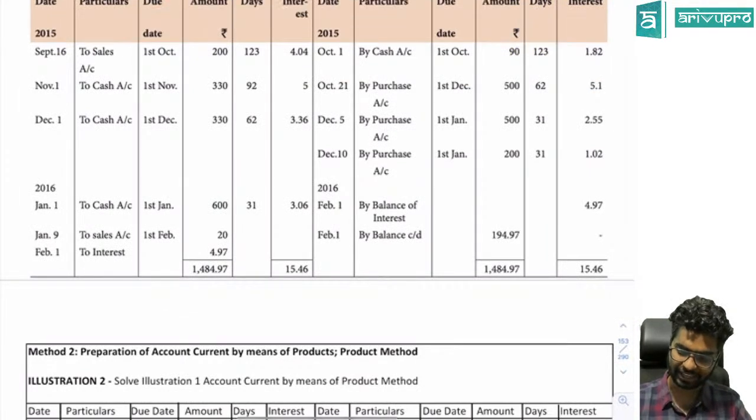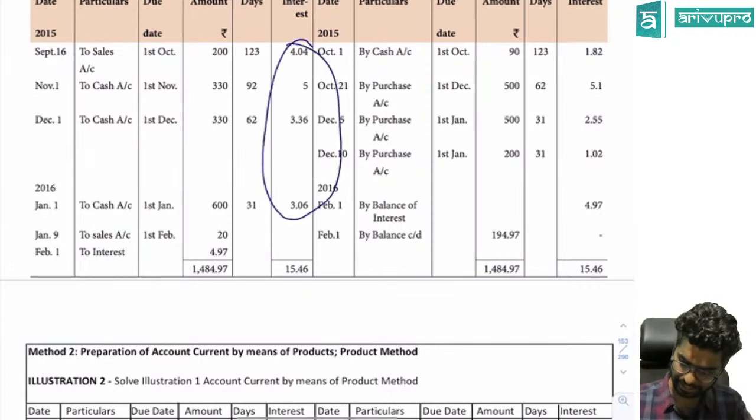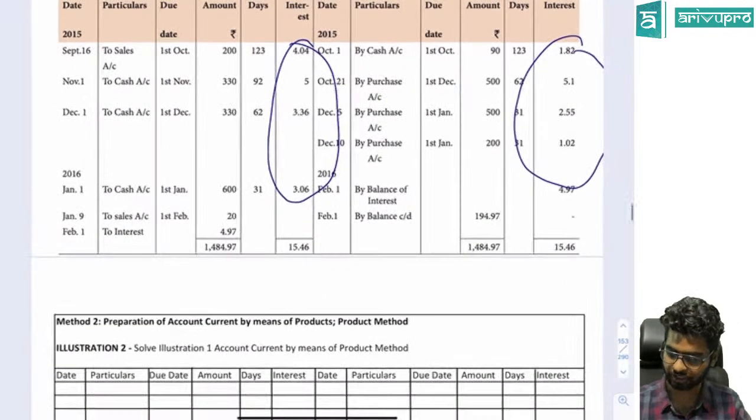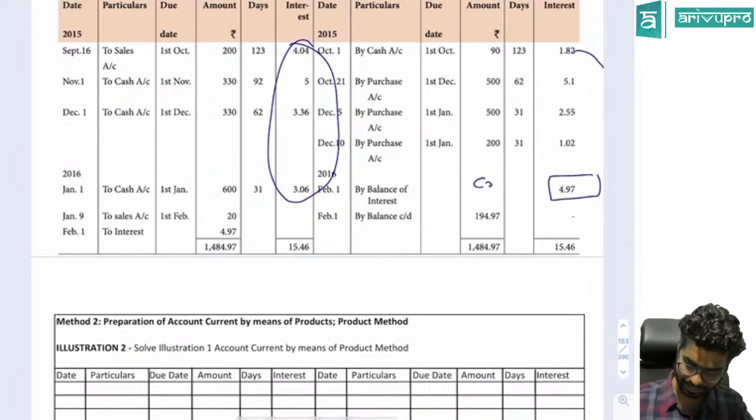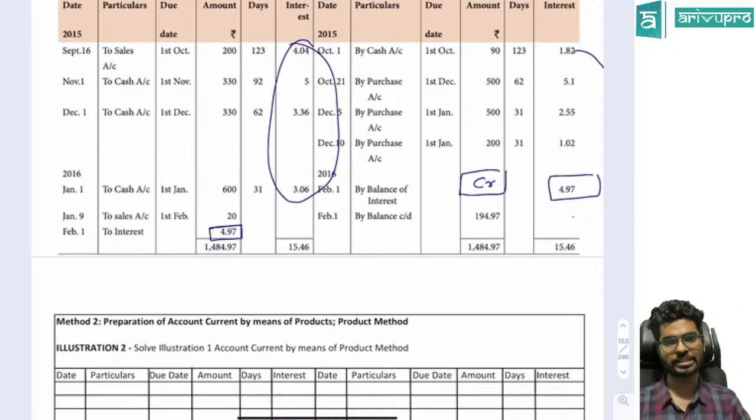Guys, now see here. Finally, I do the interest. Whatever is the interest, take the balancing figure. Guys, this is the most important. If the balance is on the credit side, add it to the balance of the debit side, because that becomes interest to be paid. Are you clear? Like I told you, in this case you can use it, Vikram, because we are all having dates at the beginning or the end of the month.